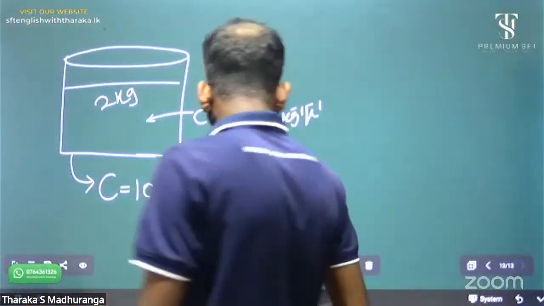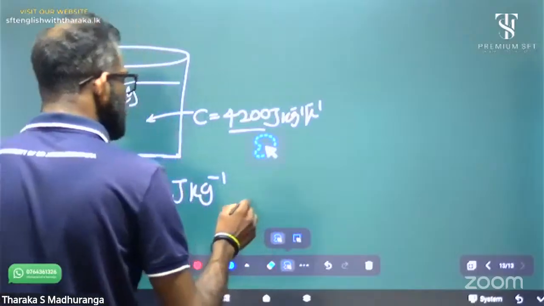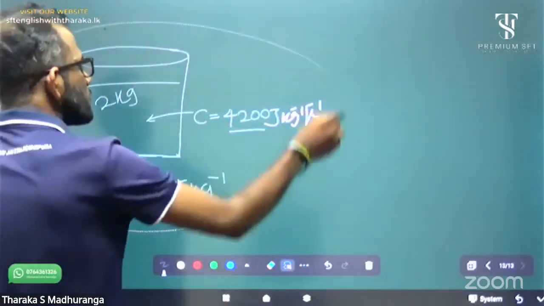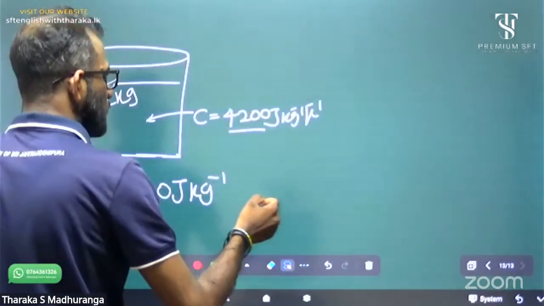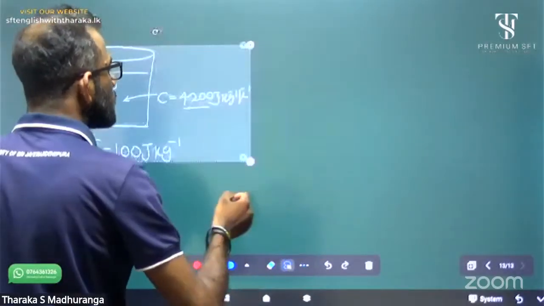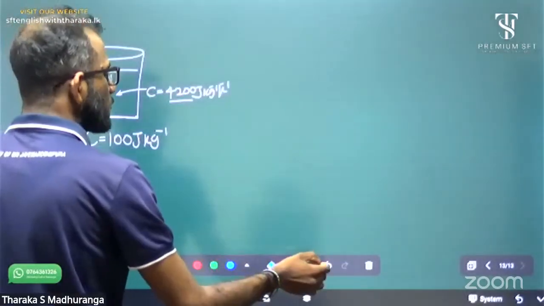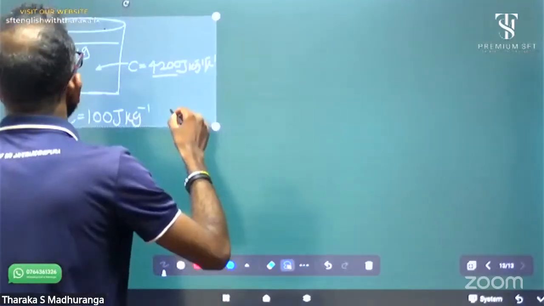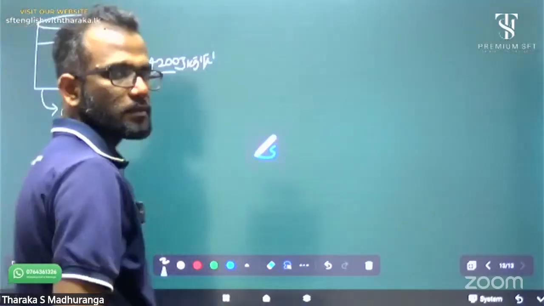Now the question asks, what is the heat requirement if it is put in a container like this? What's the method?